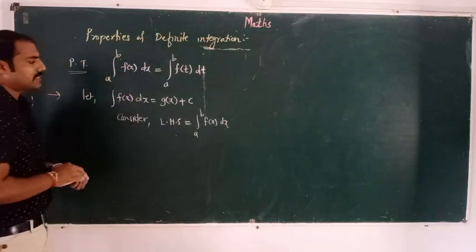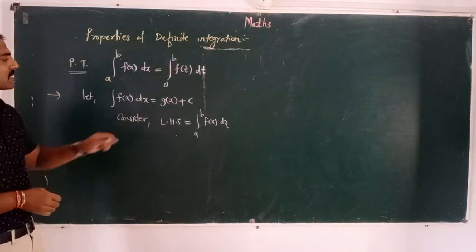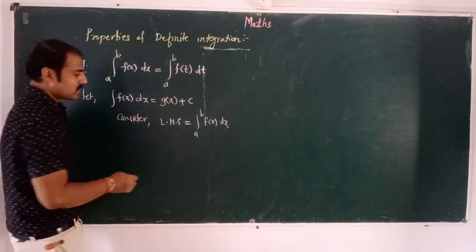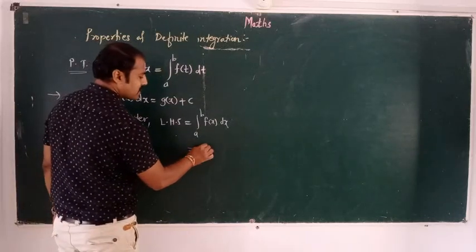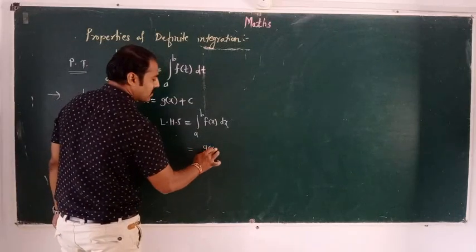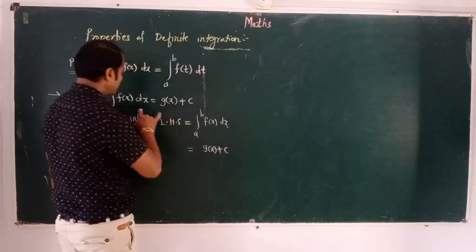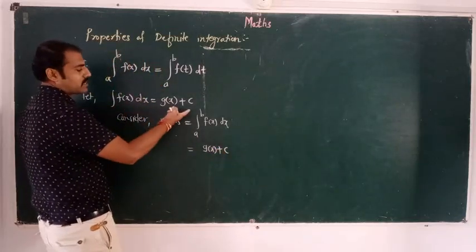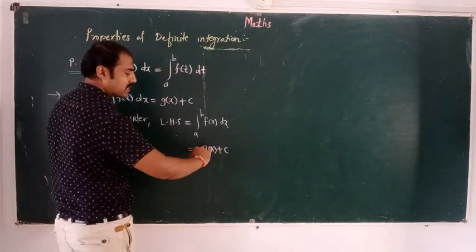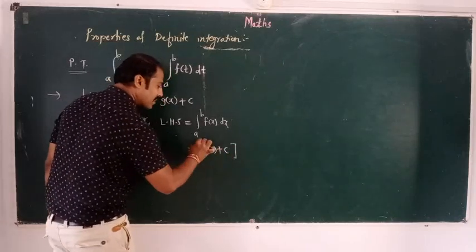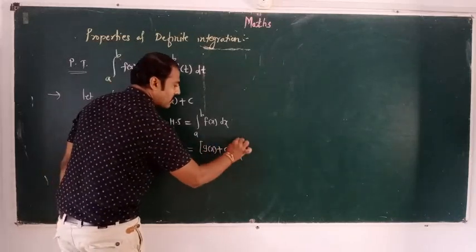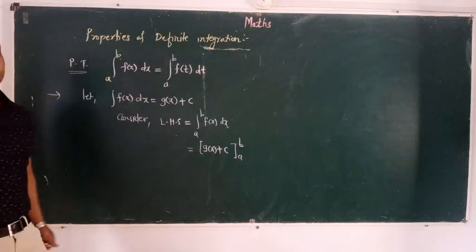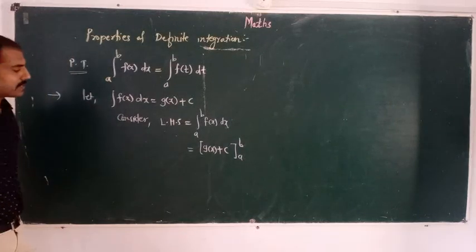But we know that integration of f of x dx is g of x plus c. Indefinite integration is g of x plus c, and for definite integration we write the limits from a to b, where a is the lower limit and b is the upper limit.